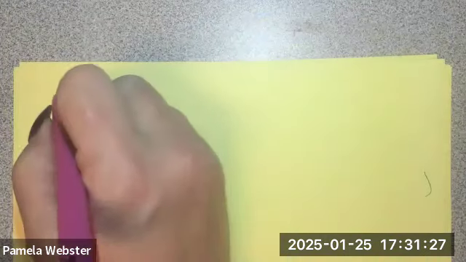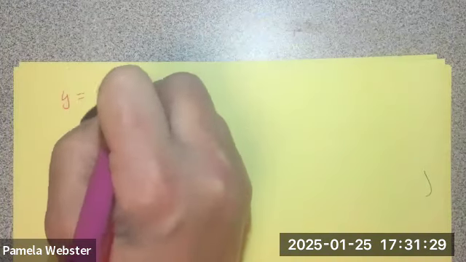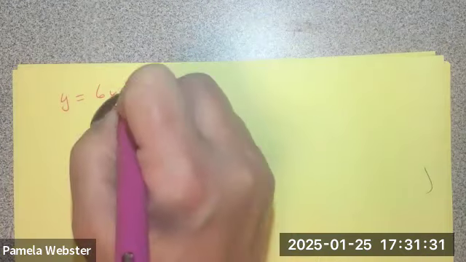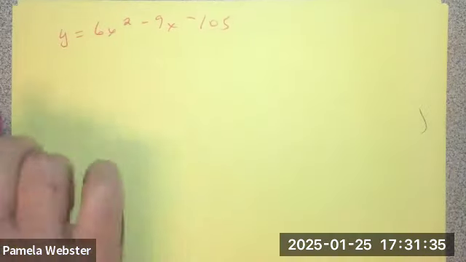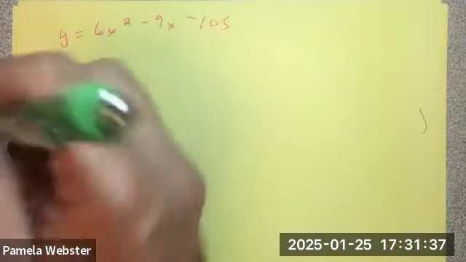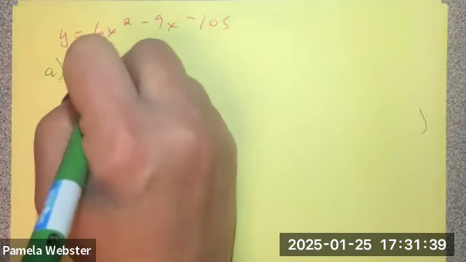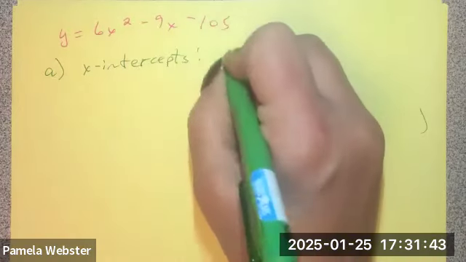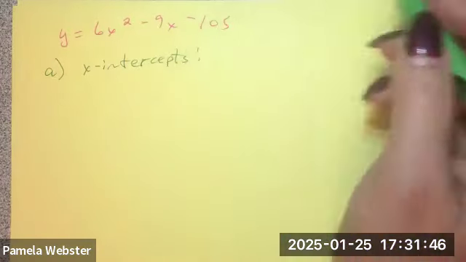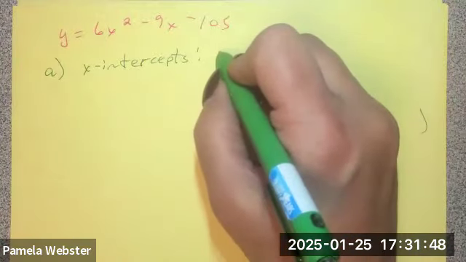We're going to do x-intercepts. Let me write it again here. There's my original equation, and we're going to do x-intercepts. Okay. Still part A. And how do we do that? Every time you go to find an intercept or something, I want you to ask yourself, how do I do that?